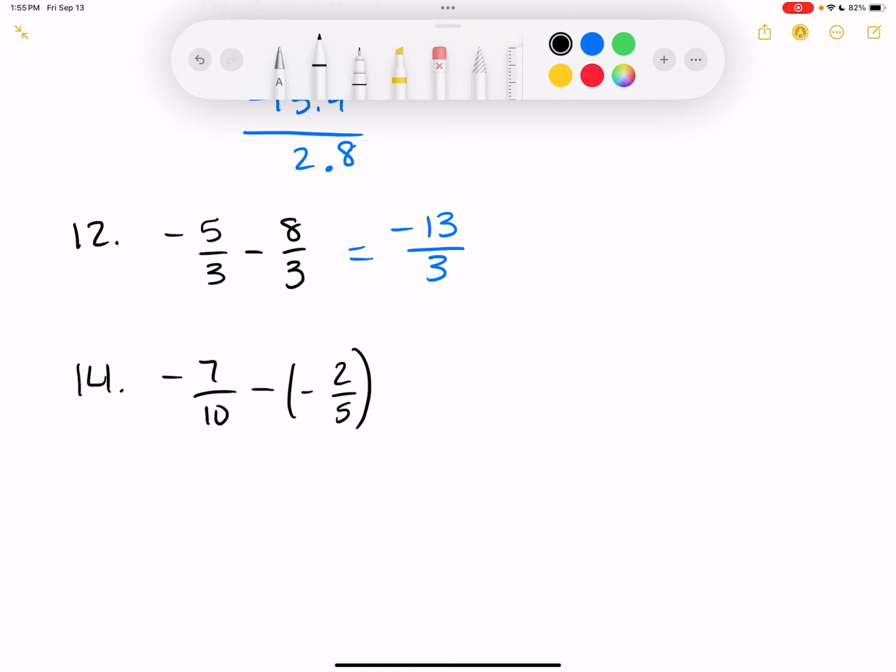Yep, multiply top and bottom by 2. So this is negative 7 over 10. What does this double negative sign do? Plus. And then 4 over 10, this is being multiplied by 2 over 2, which is 4 over 10. And what does that give me when I add those together? Negative 3 over 10.